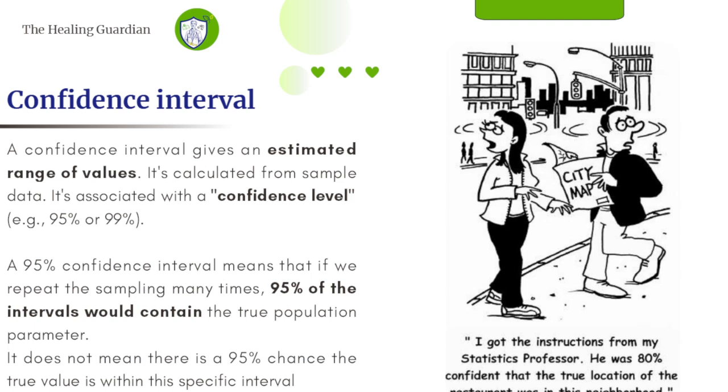If you are measuring the average weight of people in Uganda, and we have made samples, and we measure the confidence interval, we say that our 95% confidence interval is between 80 kilograms and 90 kilograms. It means that we are 95% sure that the average weight lies between 80 and 90. But it does not mean that there is 95% chance that the average weight lies there.